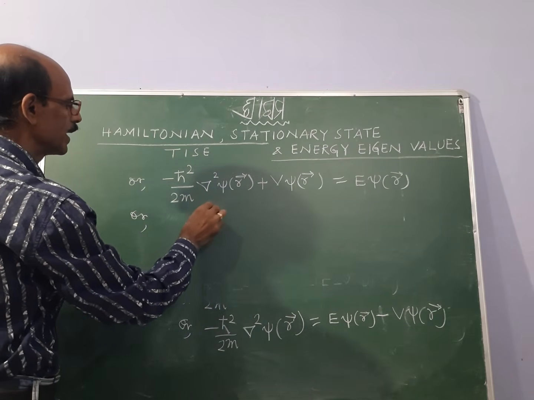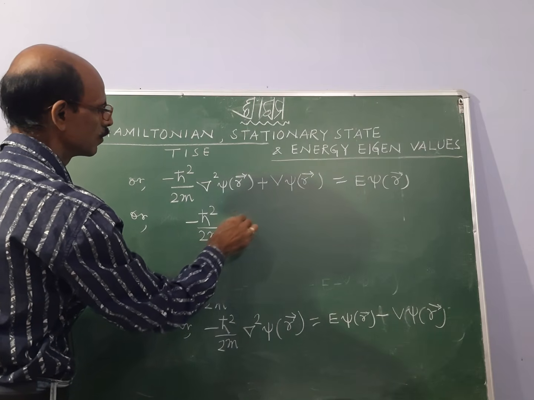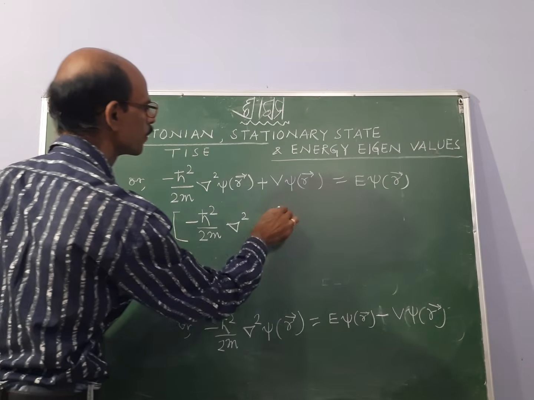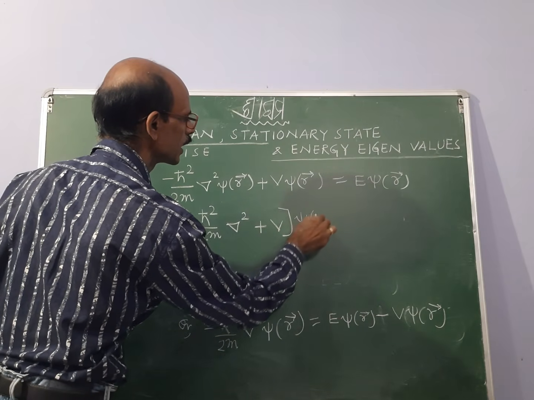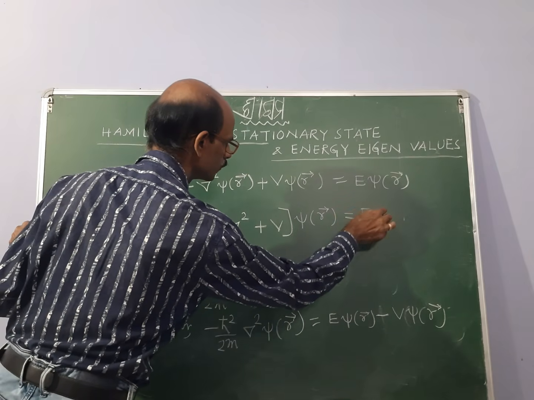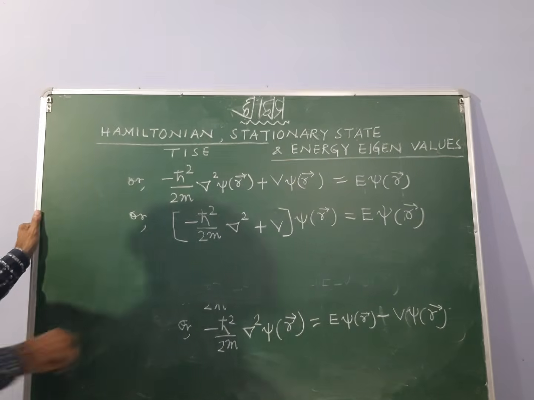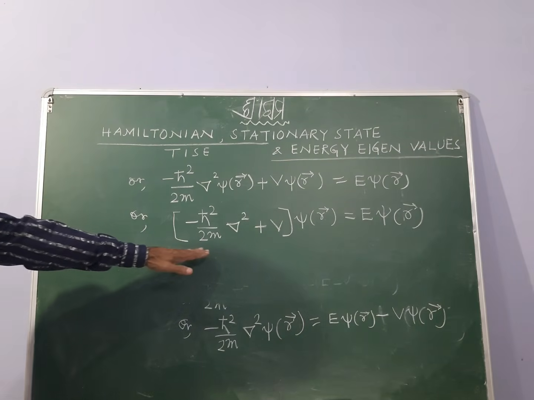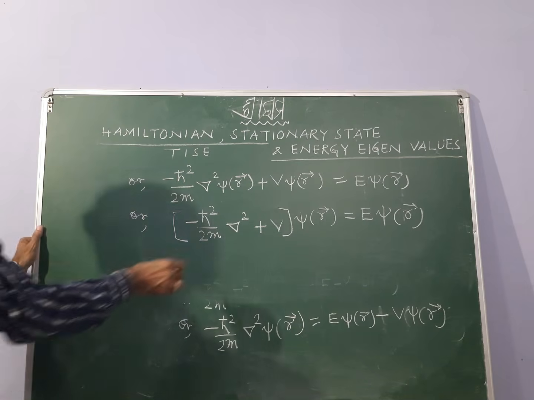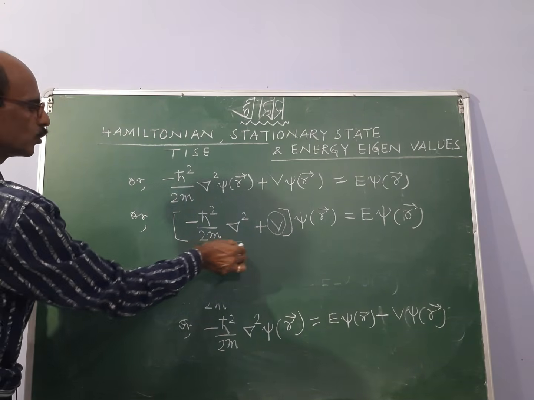It can also be written as minus h cut square by 2m grad square plus V, outside I can write psi(r), is equal to E psi(r). Now look at the bracketed term, the square bracket. This is potential energy. Now come to here.